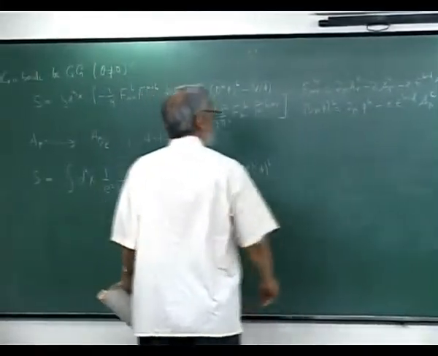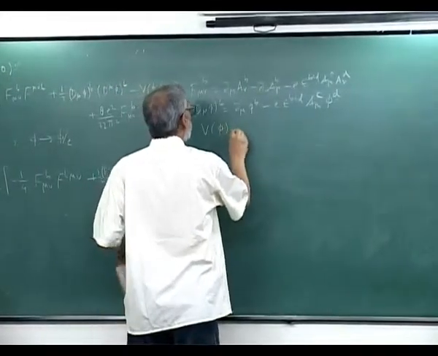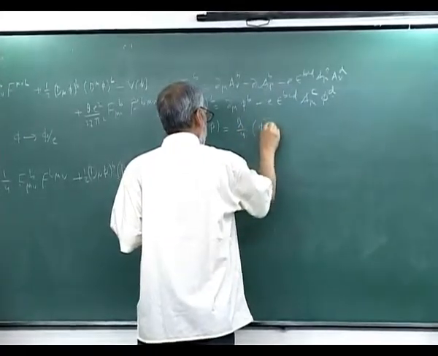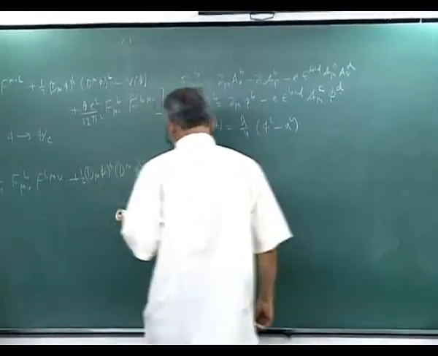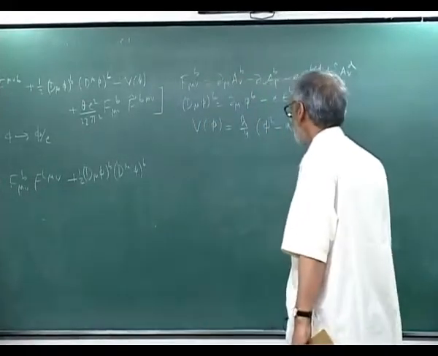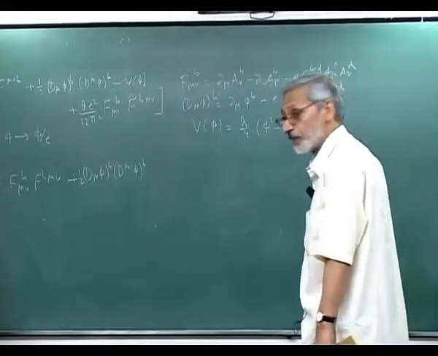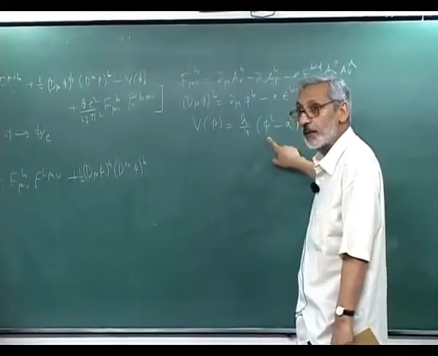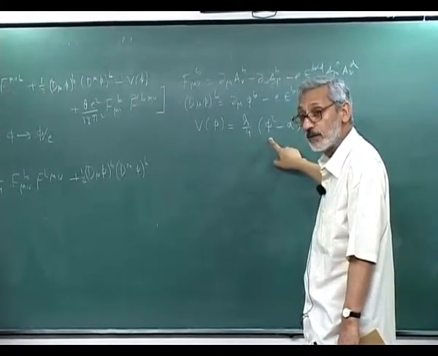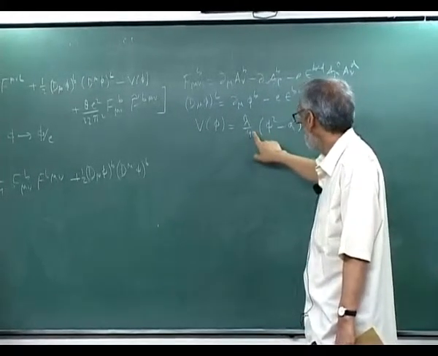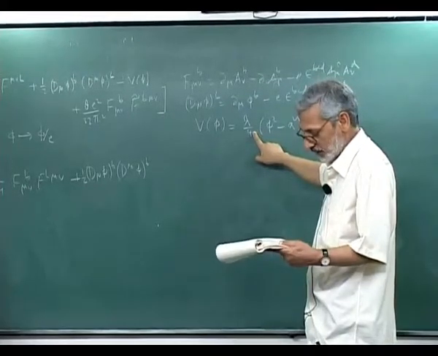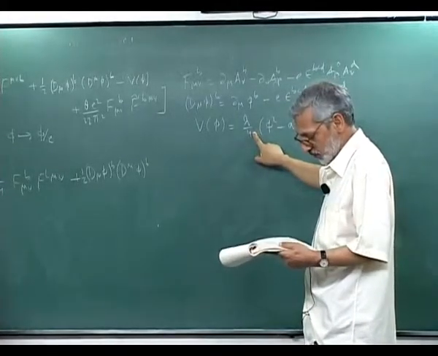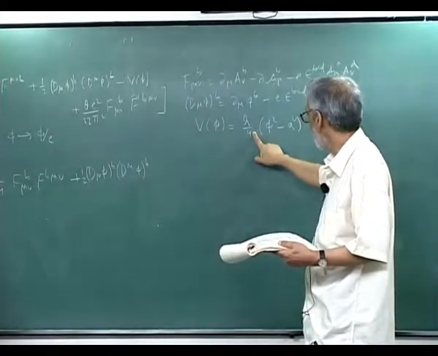Now remember, V(φ) in this theory was λ/4 (φ² minus a²) whole squared. Now if I replace φ by φ/e, I can take that e out, I will get e to the power 4 here, right?